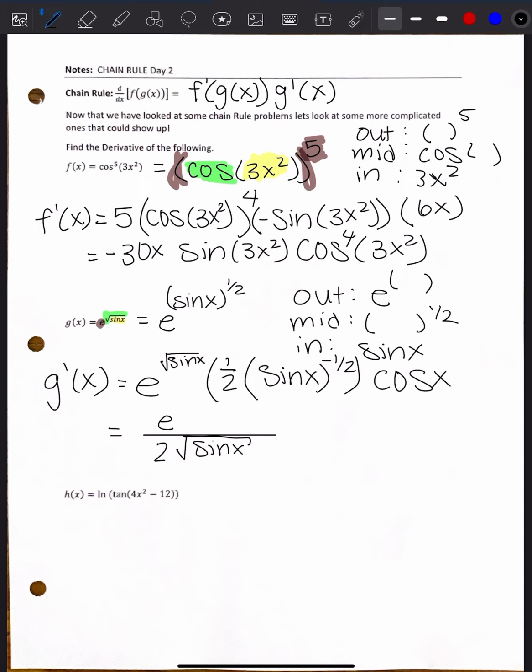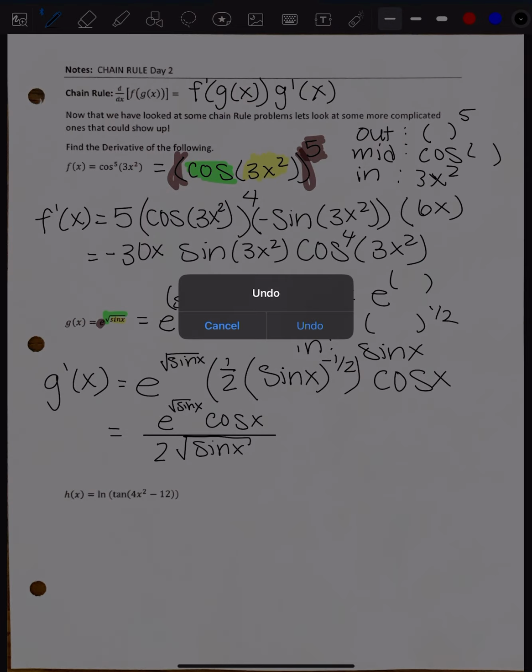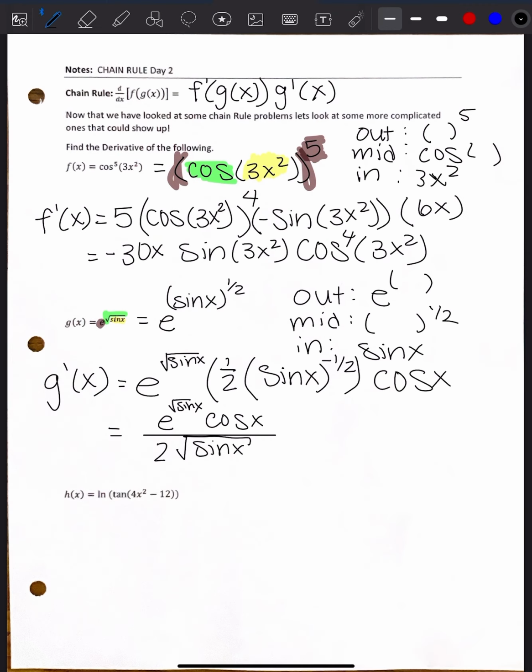And then we have e to the square root of sine of x and cosine on the top. Just like always, everything depends on what kind of problem we're given. These are all free response problems because we're just trying them out, so we don't really have to simplify. If this was a multiple choice problem, we'd have to know what to simplify it to based off of the options it gives us.